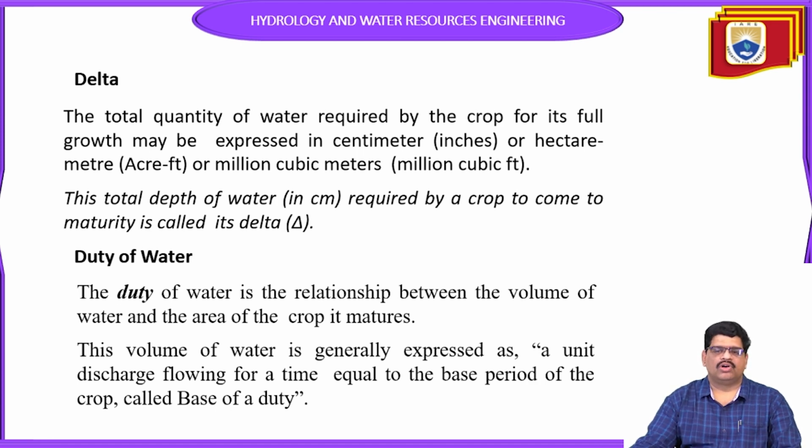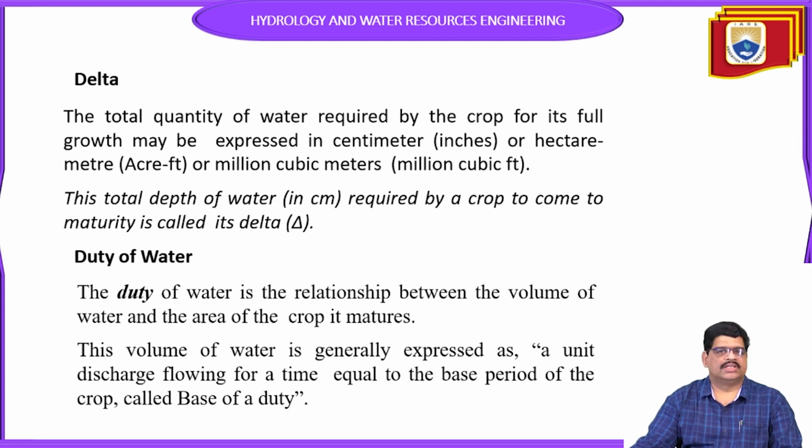That is what we call the duty of the water. Then what is the base period? It is the time for which a unit discharge is flowing, equal to the base period of the crop, called the base of the duty.